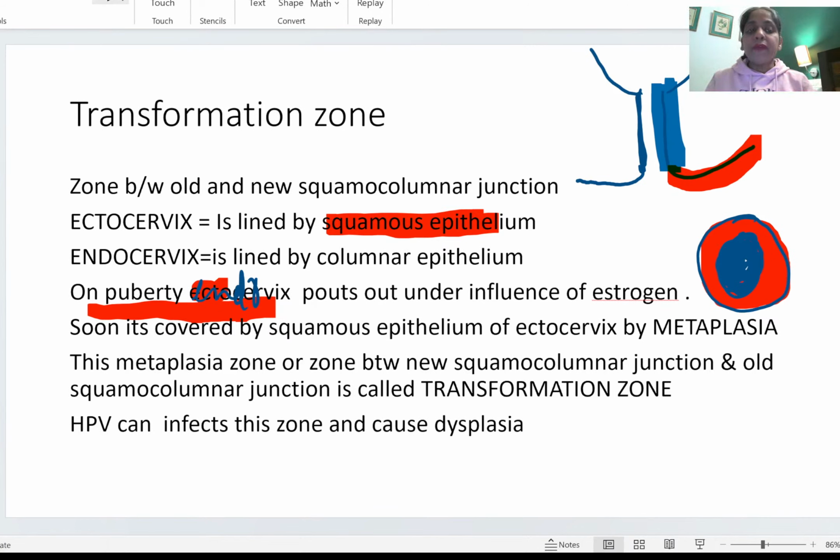Now when this endocervix comes out, this blue one, its epithelium will undergo metaplasia, and it will also become squamous. Initially it was columnar, but when it has come out, now it will become squamous. Now we will color it with another color.